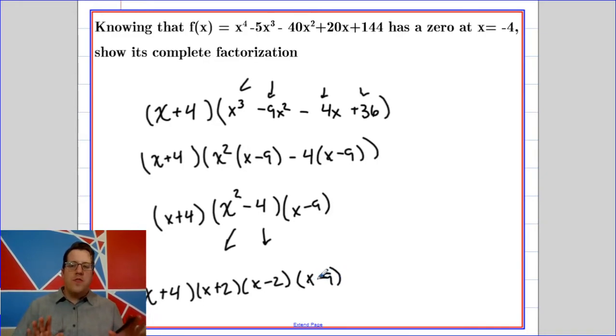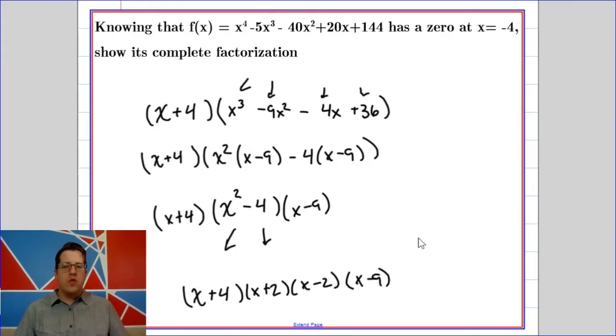So by just knowing a single 0, I was able to figure out how to factor that entire 4th power polynomial.